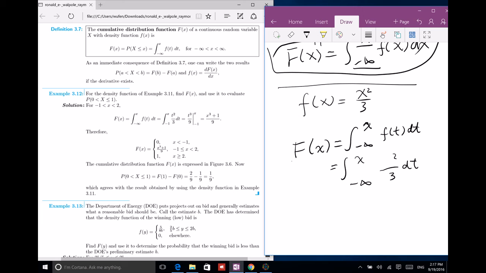We just want to use a different notation, to make sure it's not exactly the same variable and get confused. f(t) is a density function. You can see the density function could be just f(t) equals t squared over 3. That's fine.